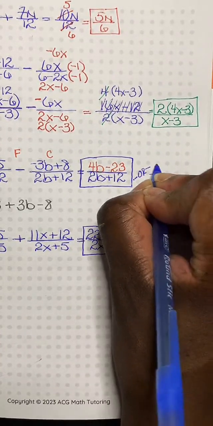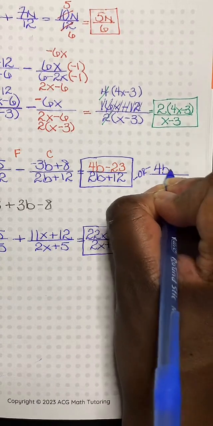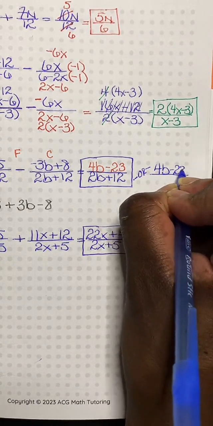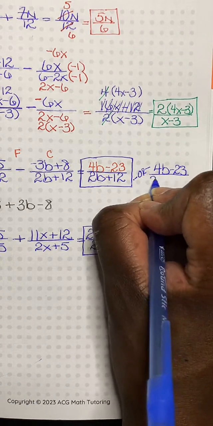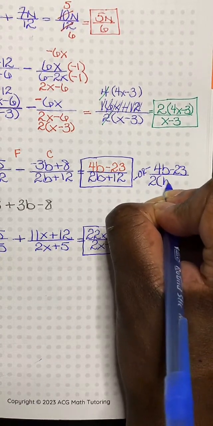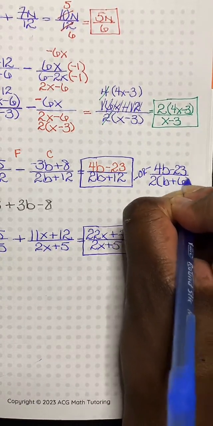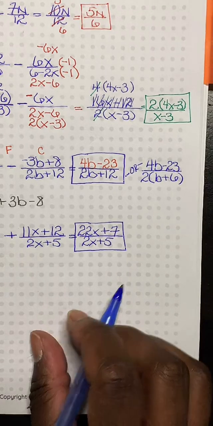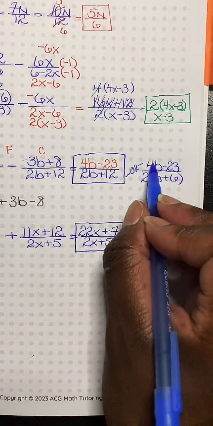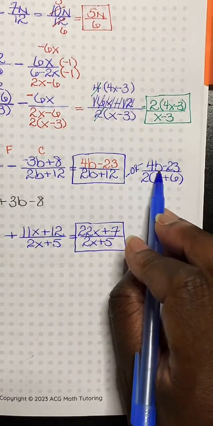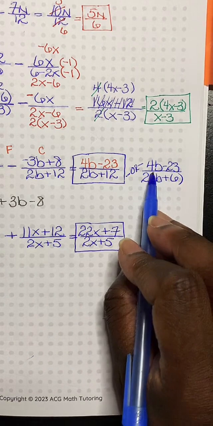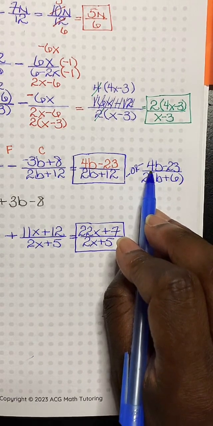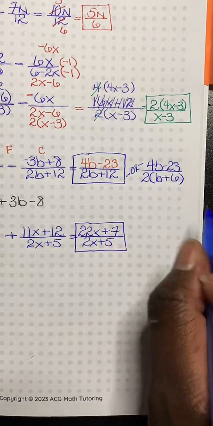You're just going to get 4b minus 23. And then if you factor out the 2, you're going to get b plus 6. Either way, you're not going to cancel out the 4 and the 2 because that 4 is with the b. It's not 4 by itself. And then this is a whole entire expression.